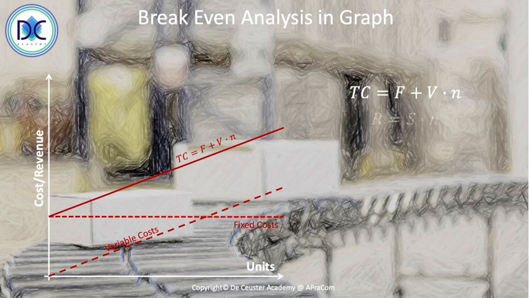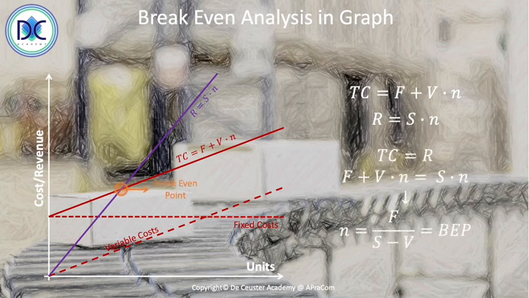The second element that we have is the revenue. So the revenue is a line through the origin with slope S, and we see this purple line, and we see that there is an intersection between the revenue curve and the total cost. It is clear that the break-even point is the point where costs are equal to the revenues, so we can express this in a formula.